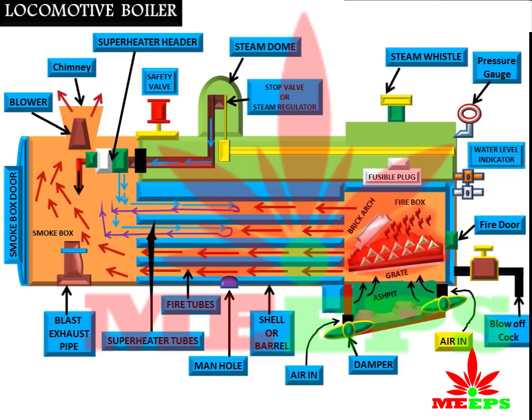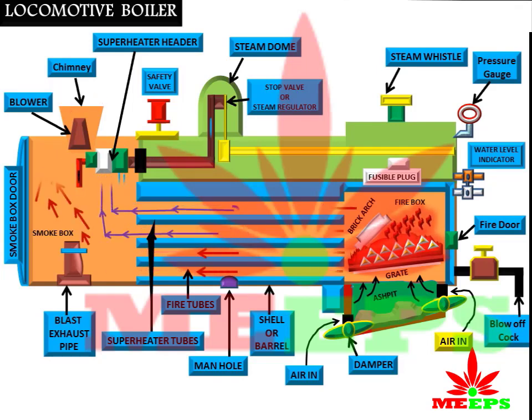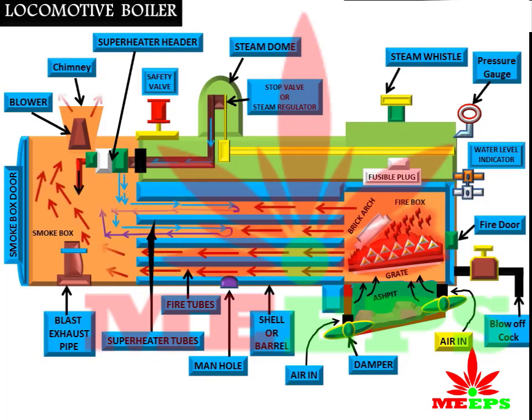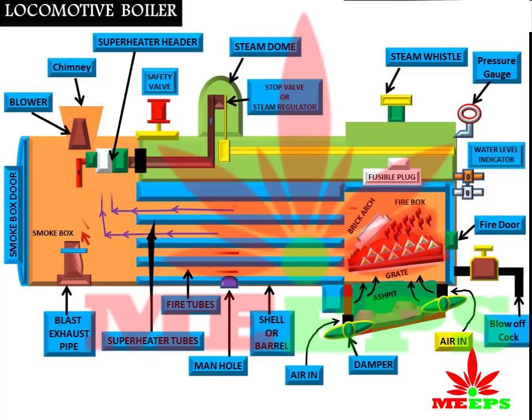And there are practical construction limits for pressure and capacity which do not meet requirements. And the last one, there are chances of corrosion and scale formation in the water legs due to accumulation of sediments and mud particles. So today we have learnt about the locomotive boiler, its components and its working.